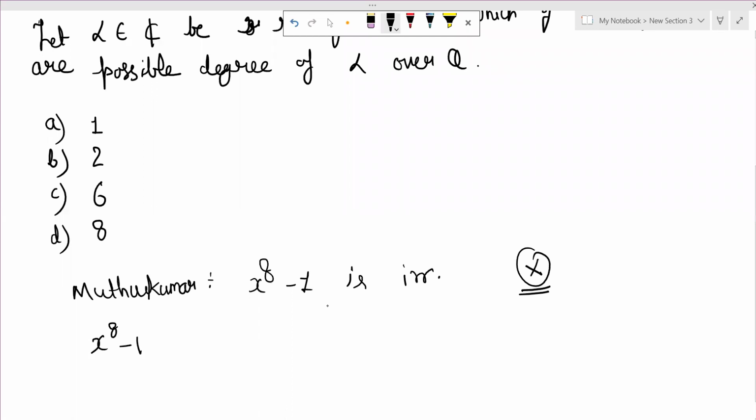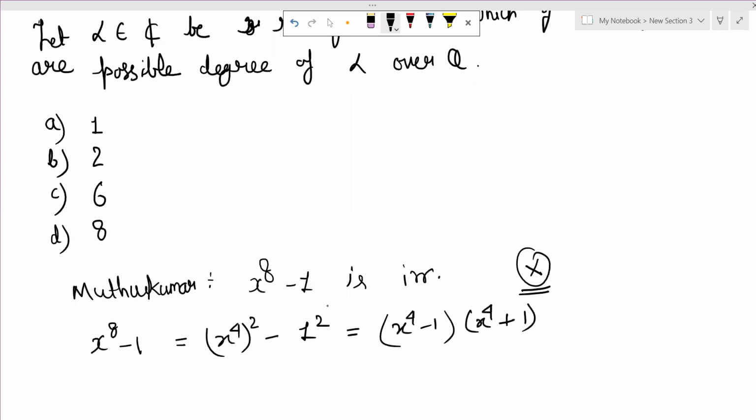You can write x to the power 8 minus 1 as (x to the power 4) squared minus 1 squared. So a squared minus b squared you can apply here. Sorry, it is reducible, right? Yes, it is reducible. So what are the possible degrees?